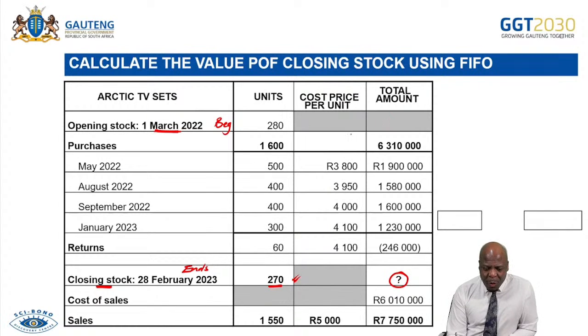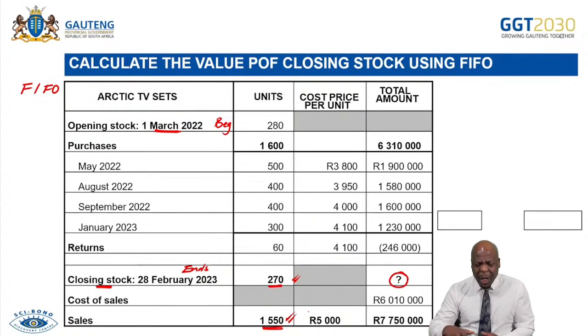We know that in this question, we are using the first in, first out. We are told that the business has sold some units, and they have sold 1,550 units.